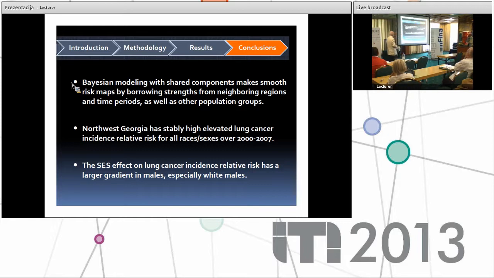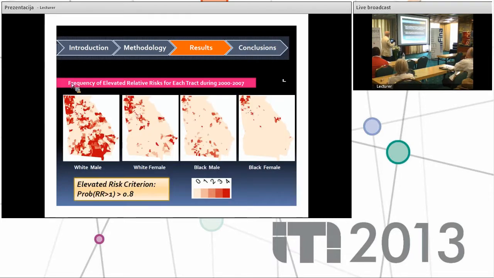The conclusions were that Bayesian modeling with shared components makes smooth risk maps by borrowing strengths from neighboring regions and time periods as well as population groups. And then what we found is that Northwest Georgia had stable, high, elevated lung cancer incidence rates over all age, race, sex groups.